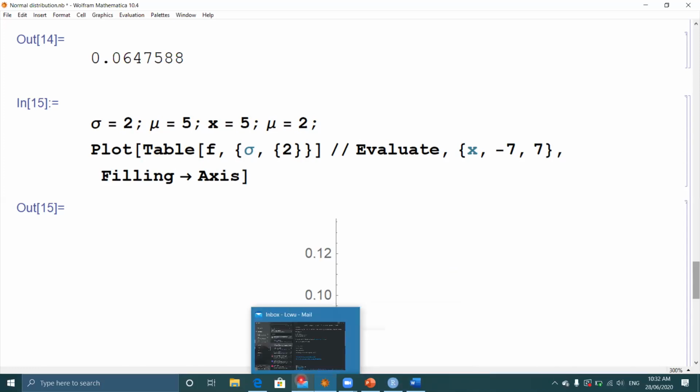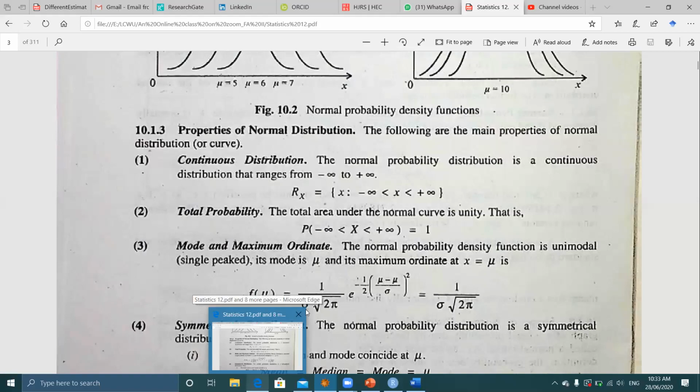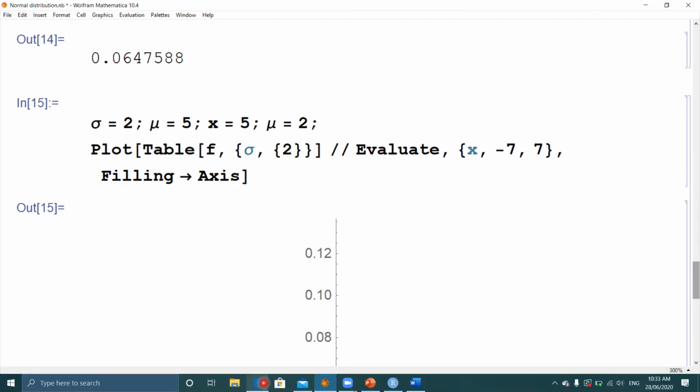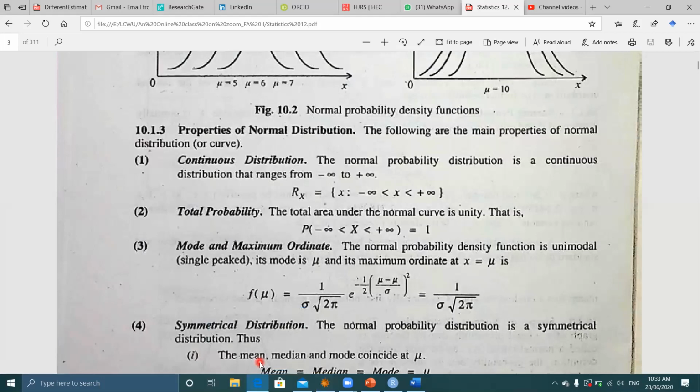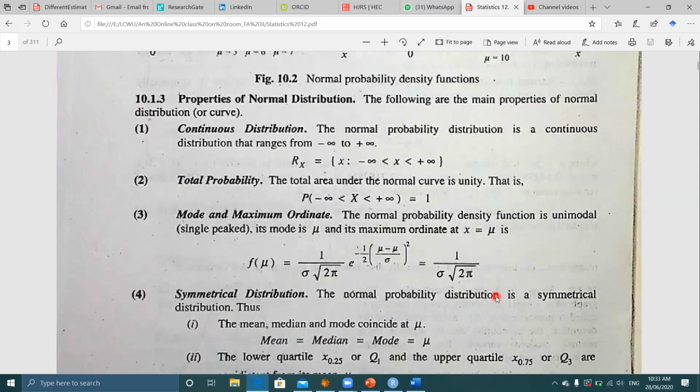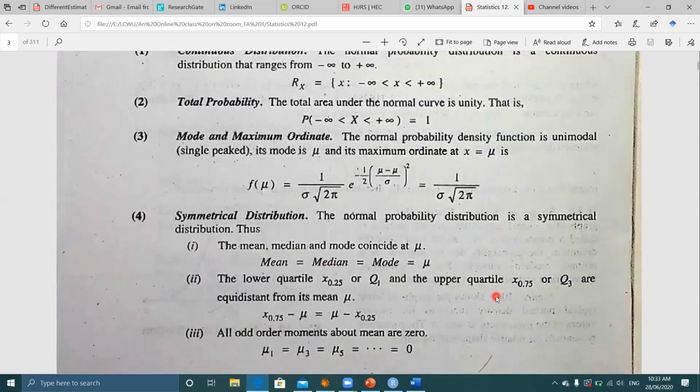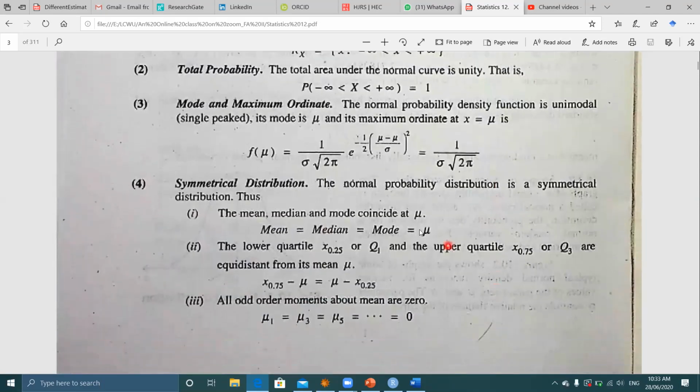Now come to the point in our book. The maximum ordinate exists at this point, and its value was 0.19 something. It's a symmetrical distribution. Both sides, right hand side and left hand side, are equal. So mean, median, mode are equal. And its lower quartile is denoted by Q1 or x 0.25. Upper quartile is x equal to 0.75, Q3.